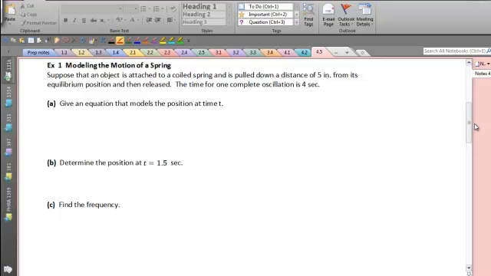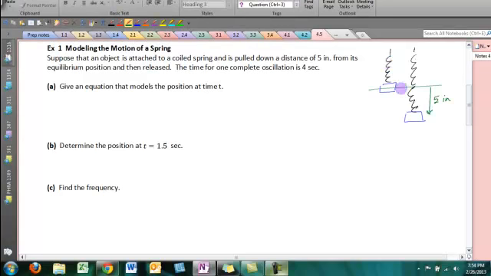The first one we're going to look at talks about modeling the motion of a spring. I drew myself a picture that's going to represent this example. It says, suppose we have an object that's attached to a coiled spring and it's pulled down 5 inches from the equilibrium position.